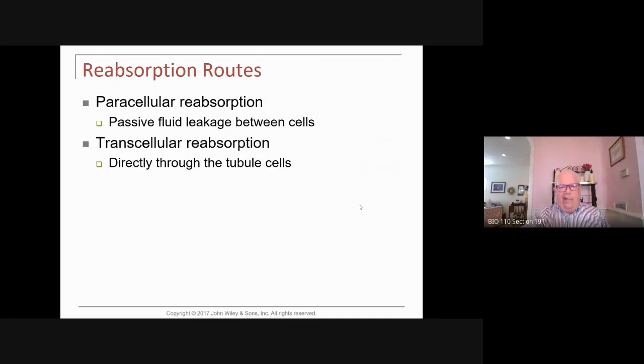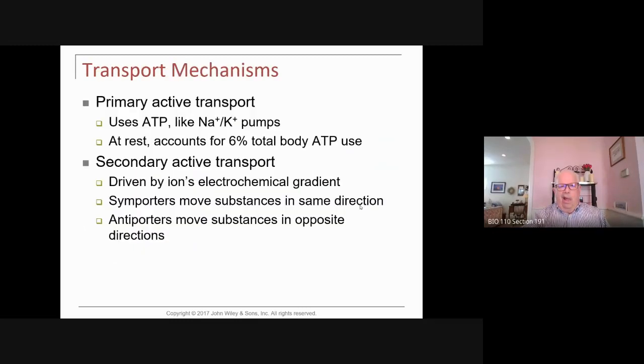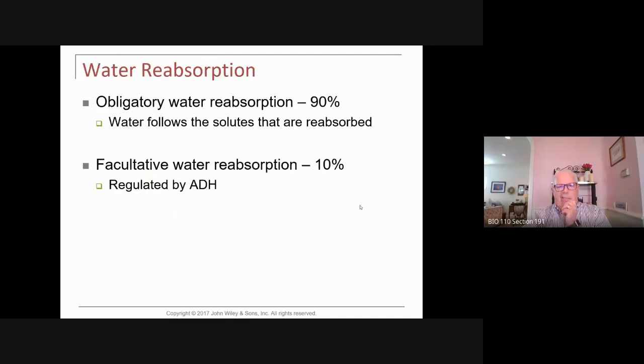Don't worry about reabsorption routes. That's not important. It gets too confusing. I'm not going to ask you any questions on that. I'm also not going to ask you any AP1 questions. This is AP1. This is anti-porters and symporters. Don't worry about that. I'm not going to ask you any questions on that.